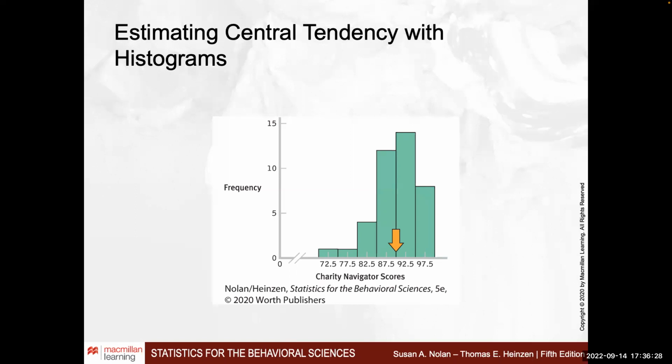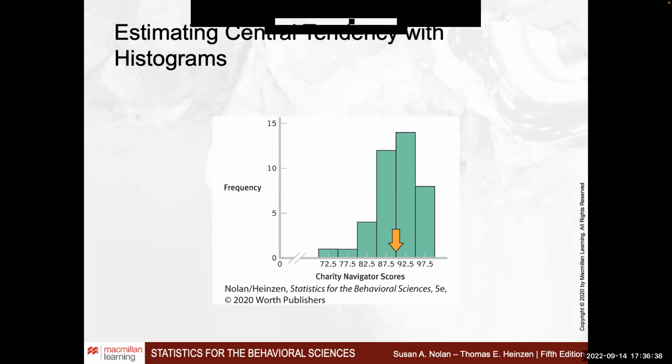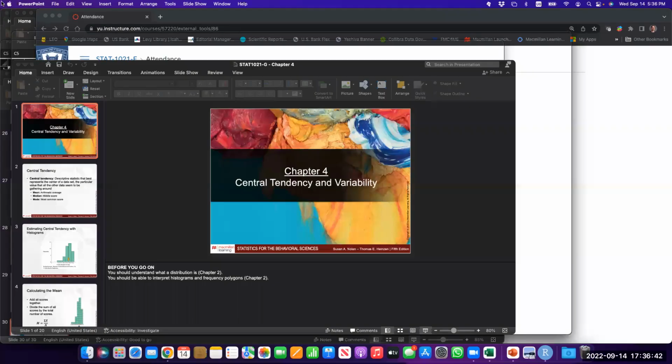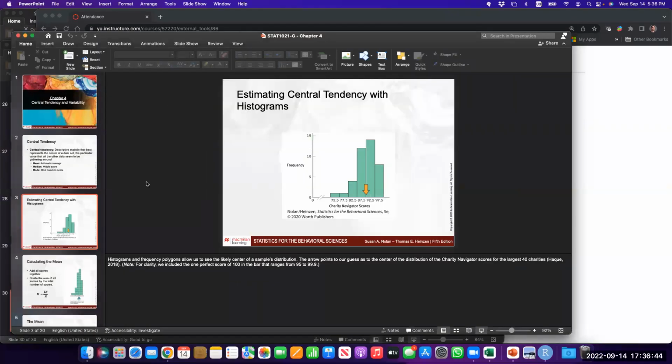This arrow here indicates the mean. And now how would you calculate this mean? We have the actual data.